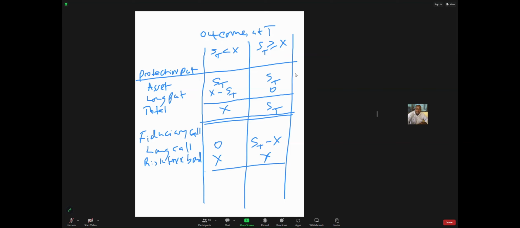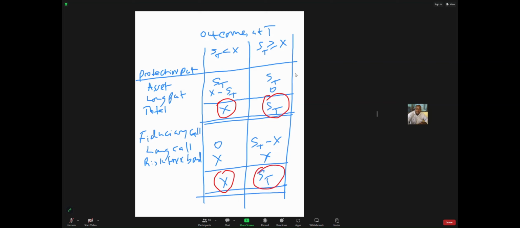So we can get the summation of the value. 0 plus X is X. Then ST minus X plus X is ST. So with this simple illustration, you can see that when the value here is X, here it is also X. When the value here is ST, the value here is also ST, but different portfolios.